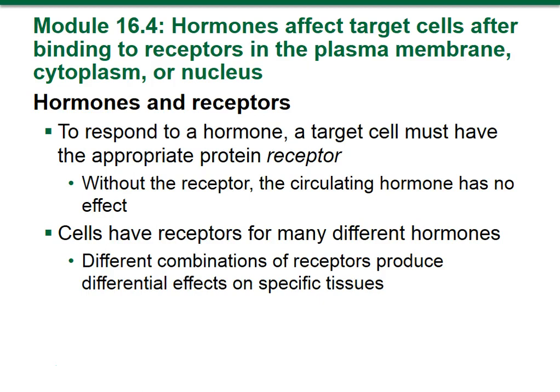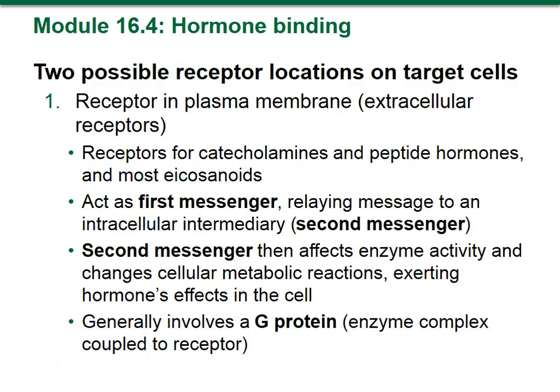Cells also have receptors for a lot of different hormones. There's different combinations of receptors that produce different effects on the tissues. Some tissues have more than one receptor for more than one hormone. So where are you going to find these receptors? Well, there's two possible receptor locations on the cells.